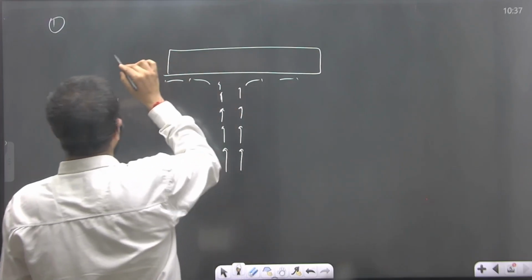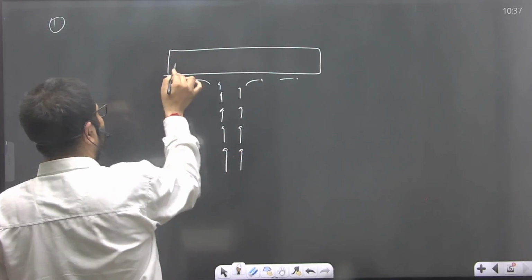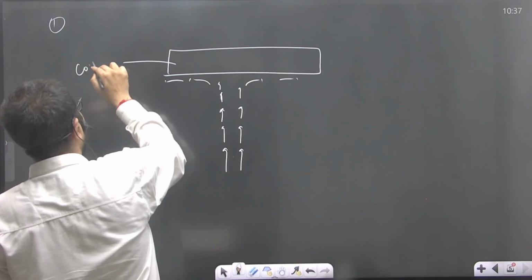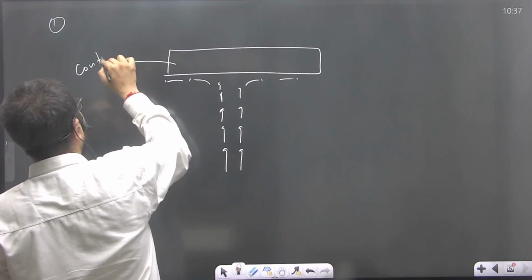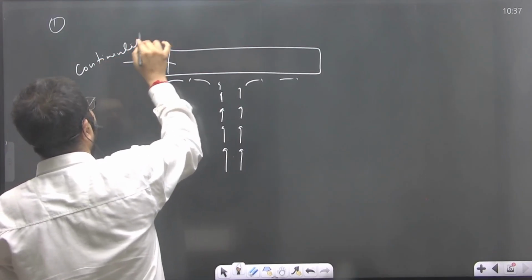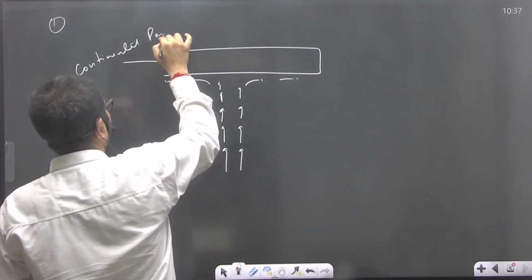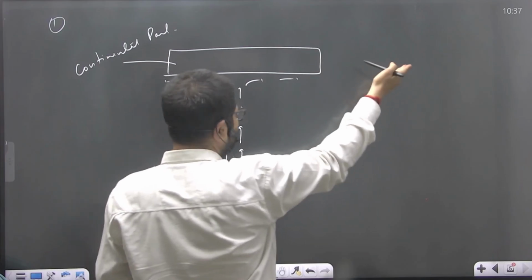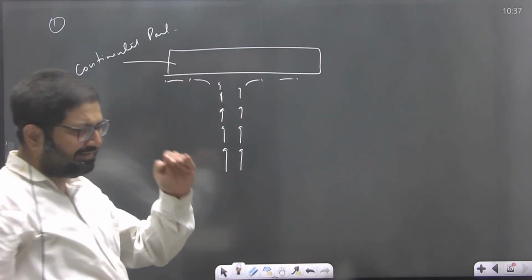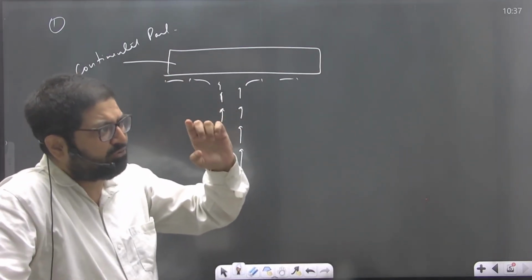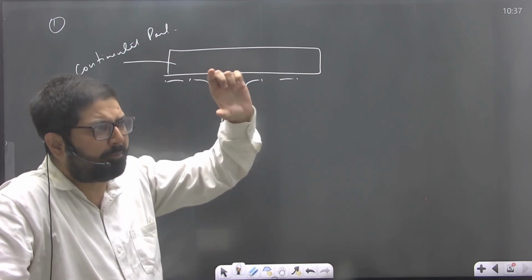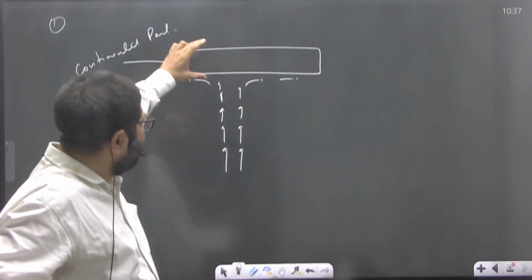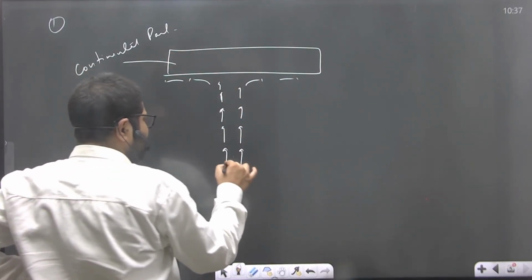And if this rising thermal convection current happens to occur below the continental part of a plate, continents are thick, then what happens?